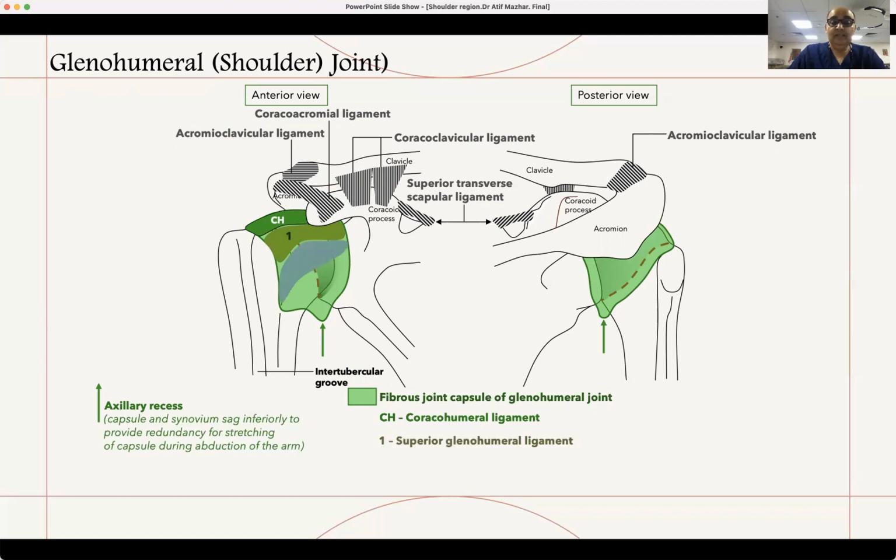And then this one, a grayish color. After superior, what comes? The middle glenohumeral, and this must be the inferior glenohumeral ligament. So all these 3, not this coracohumeral, are there for thickening of my capsule. They are inside, not this one. Watch out. This one is outside.